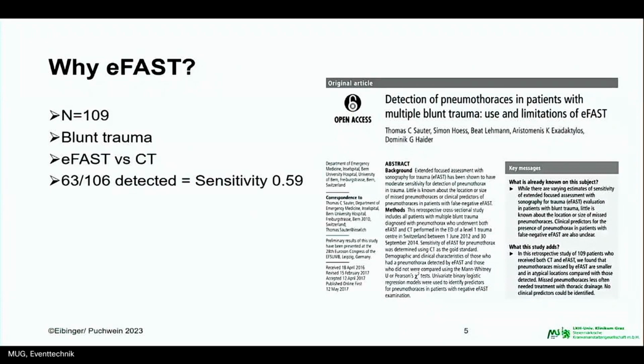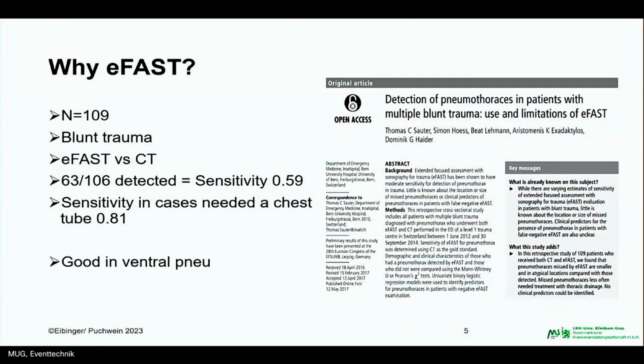So only 63 of 106 pneumothoraxes were detected in the ultrasound, which is a sensitivity of 95%. But if you compare it with the pneumothorax that needed a chest tube, they found 81%. And the eFAST is very, very good in ventral pneumothoraxes, but you have a problem with pneumothorax that are in the apical area of the lung or in the basal area.